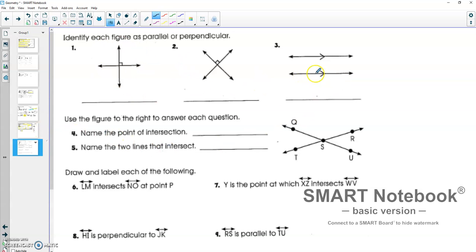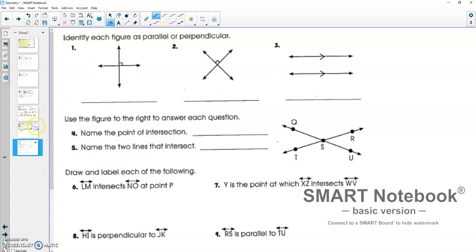When you're looking at these, you should be thinking, are they crossing? And if they're crossing, is there a 90-degree angle? If they're not crossing, does it look like they have the little two arrows? What does that mean? Parallel, okay? So that's what I want you to think about when you go through this.